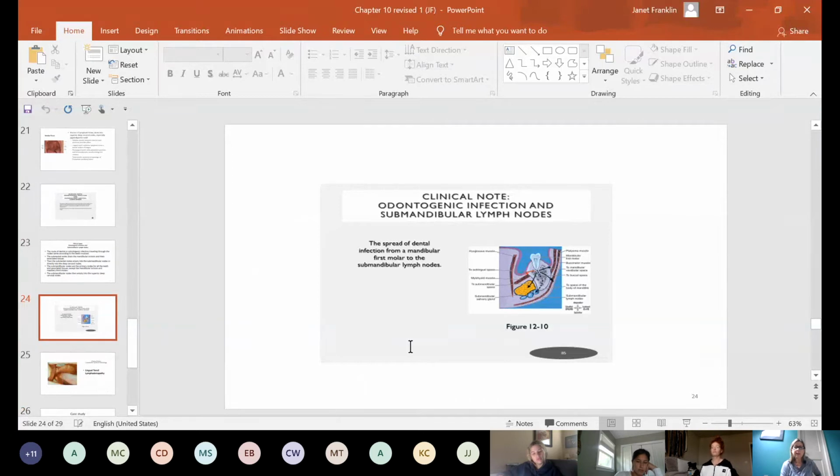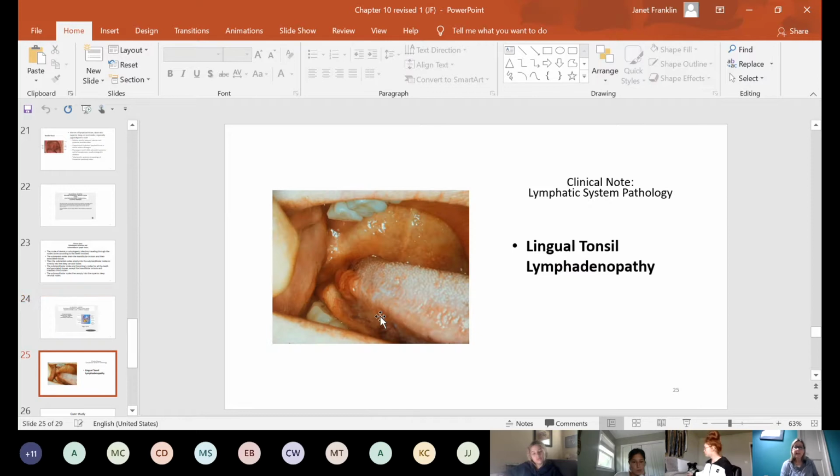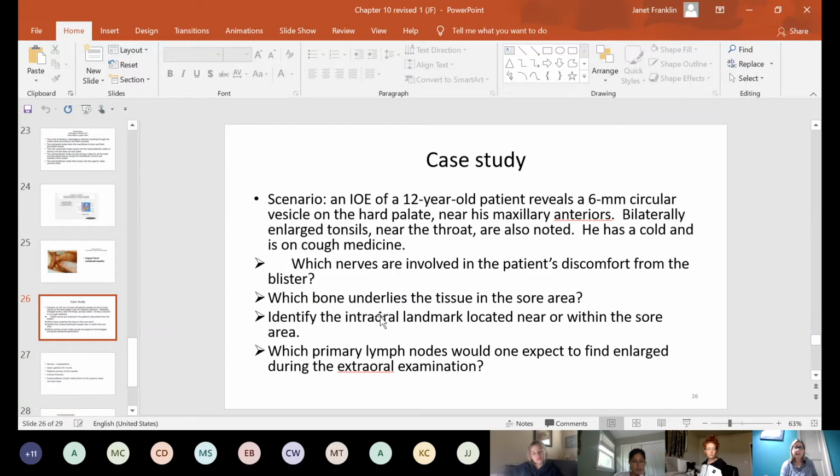And this is just a picture of how dental infection can spread. The next chapter goes more in depth as to how dental infections can spread. Here's a picture of the lingual tonsil. Here's a case study. We're not going to do this.